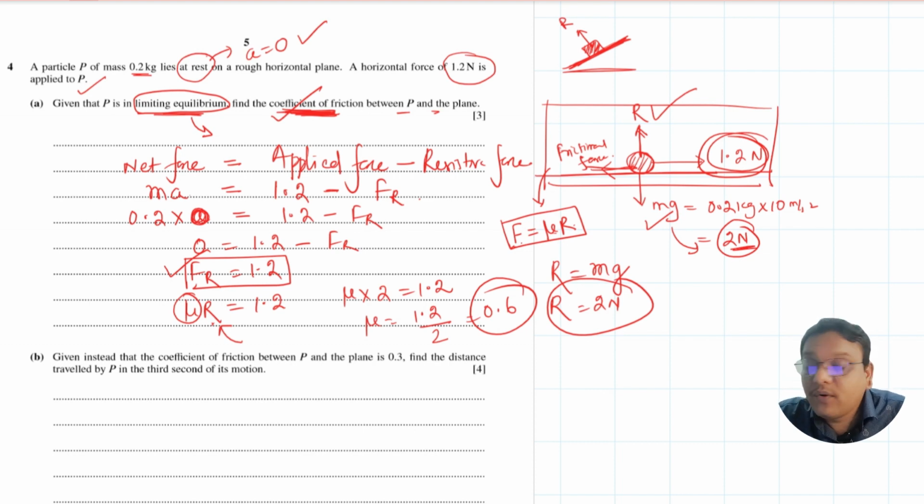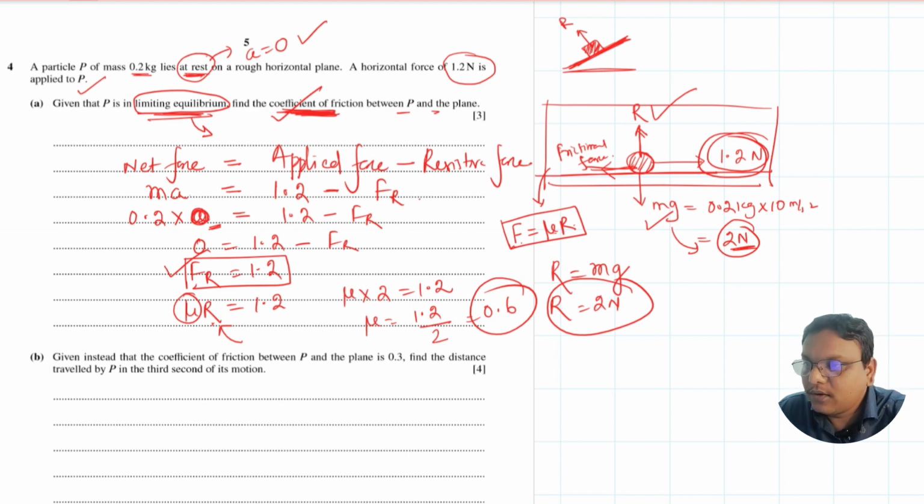When you read the question properly, so many things are given here. Body is at rest, so acceleration will be 0. Limiting equilibrium means the body is about to move, that means the body has reached the maximum friction force, that is mu R. By practicing, you can understand what approach you have to apply in a particular question.